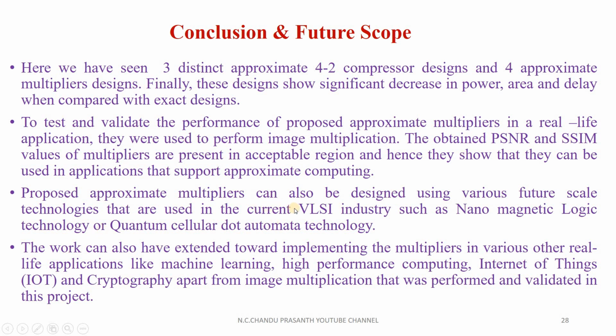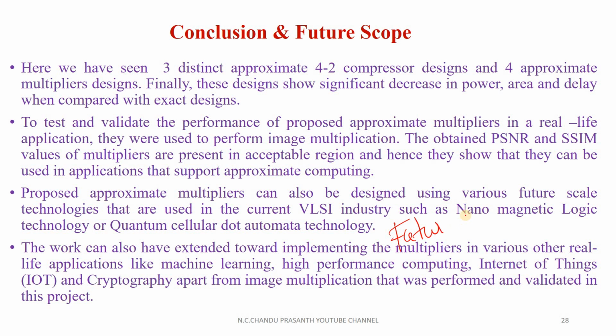The proposed approximate multipliers can also be designed using various future-scale technologies used in the current VLSI industry, such as nanomagnetic logic technology or quantum cellular automata technology, etc. So our work is extending toward implementing these. What is the future scope of our topic?